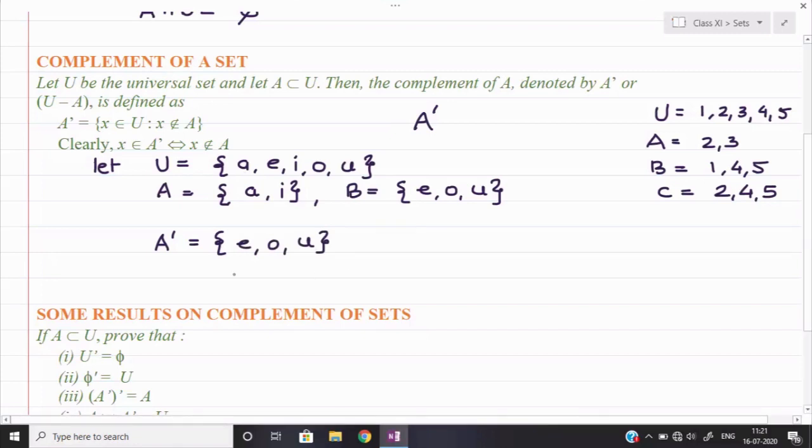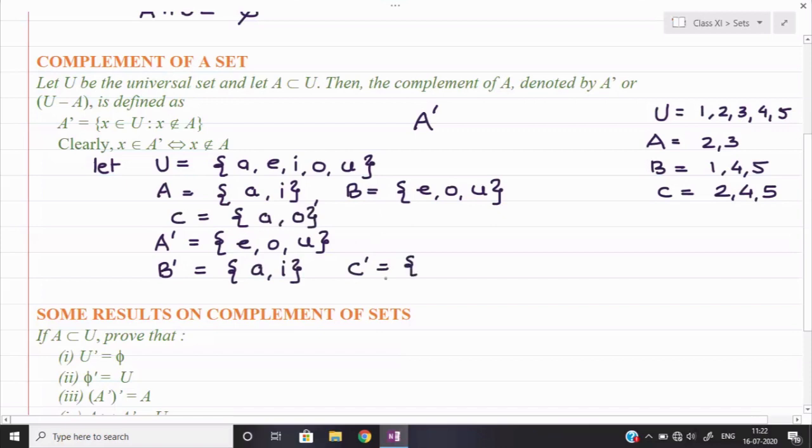Similarly, if I try to find out the value of B dash, you take those elements in U that are not a part of B. So only two elements will come, A comma I. Similarly, suppose I define one more set C, that is A comma O, and I want to find the value of C dash.